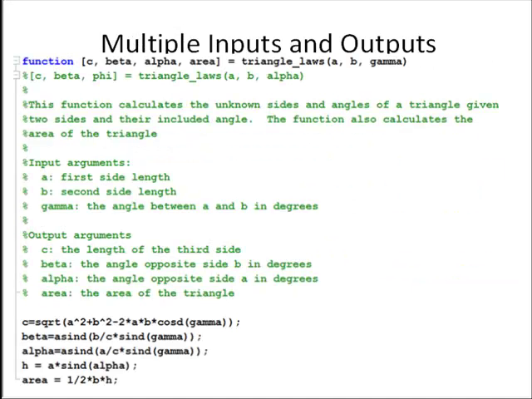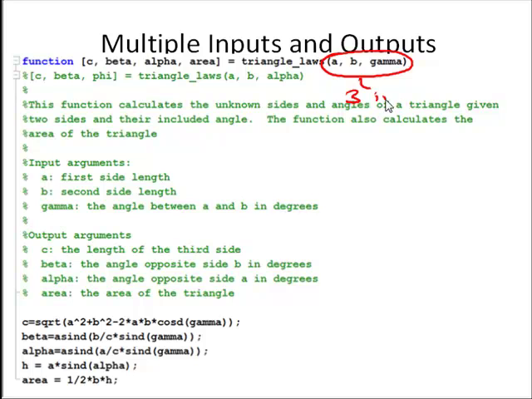So let's look at a function with multiple inputs and outputs. Now this should look pretty similar. This is similar to our example from the first week where we use sine law and cosine law to calculate sides of a triangle. So what's going on here? Here we have multiple inputs.